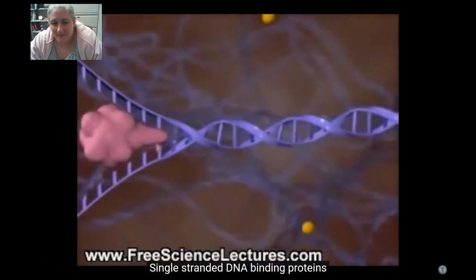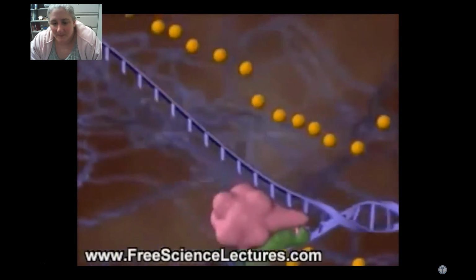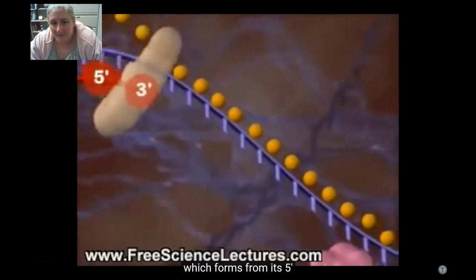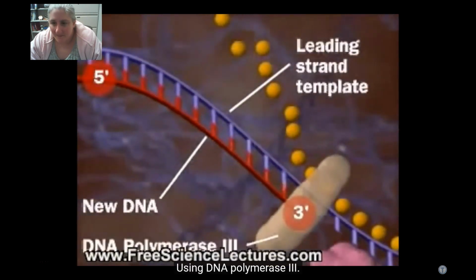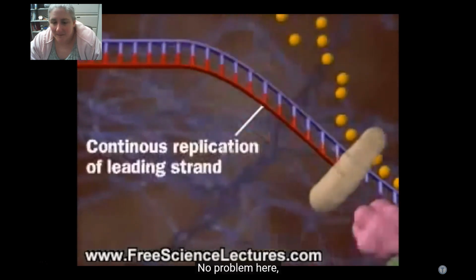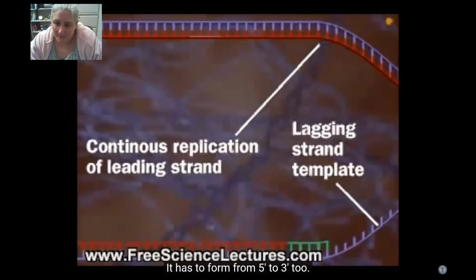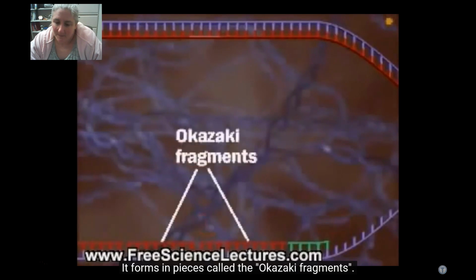Single-stranded DNA binding proteins keep the strands from re-annealing. One DNA strand encodes the leading strand, which forms from its 5' to its 3' end, using DNA polymerase 3. No problem here, but the lagging strand presents problems. It has to form from 5' to 3' too. It forms in pieces called Okazaki fragments.